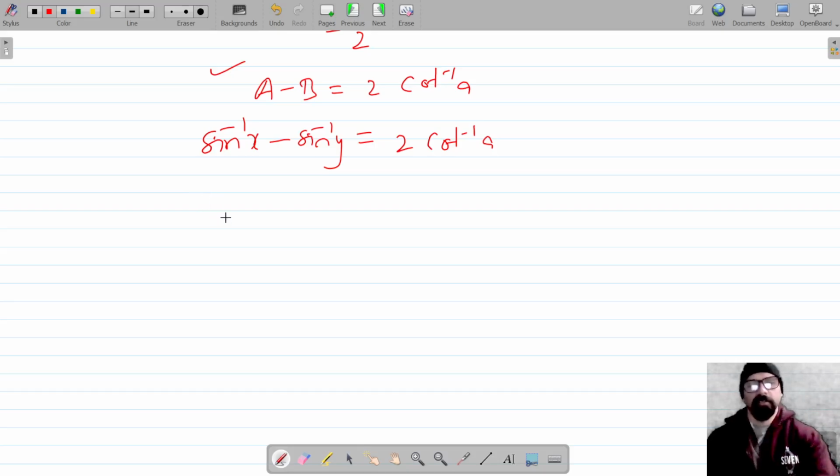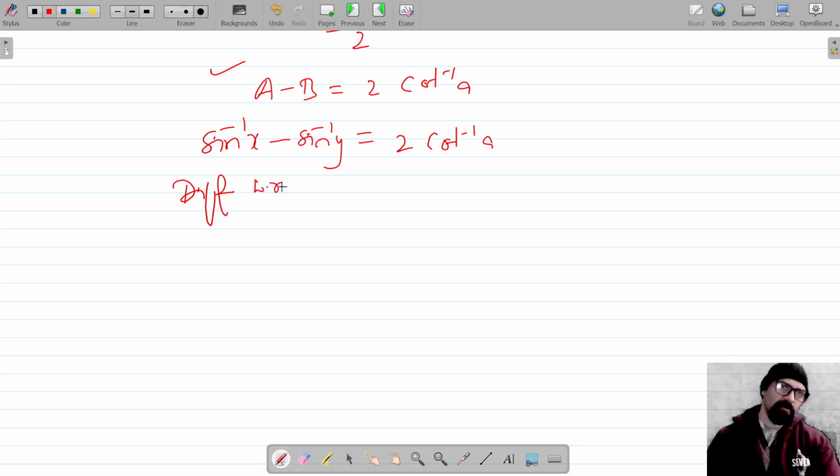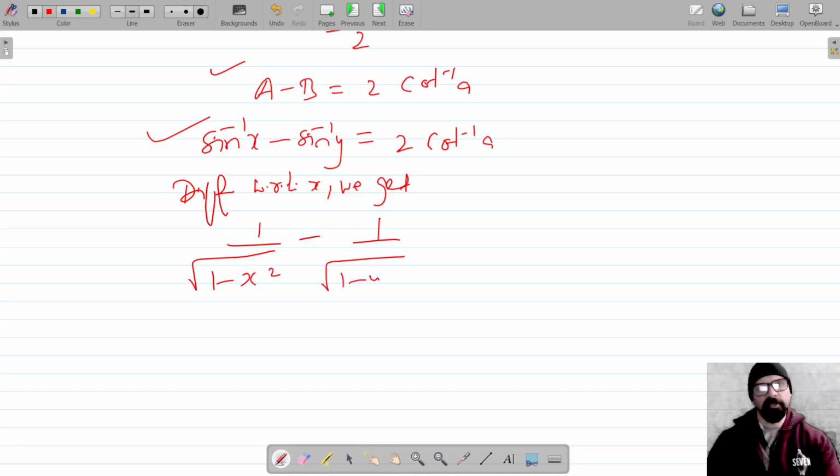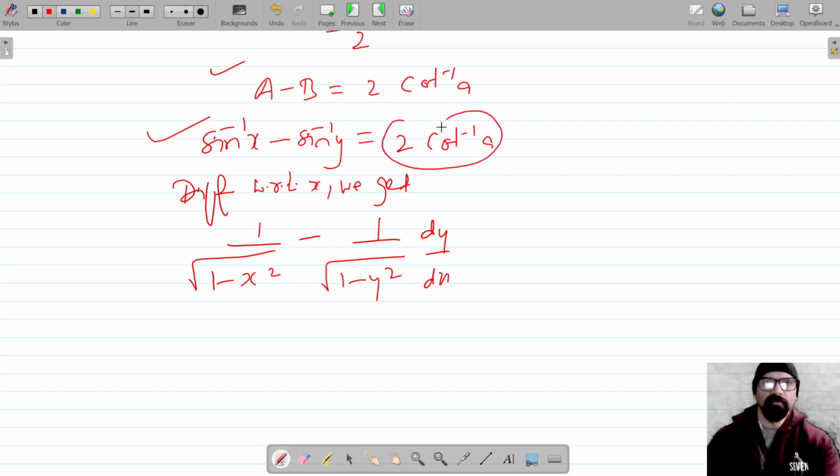Now, this looks like we can differentiate this with respect to x. So differentiating this with respect to x, we get differentiation of sine inverse x is 1 upon under root of 1 minus x square, minus 1 upon under root of 1 minus y square, and differentiation of y is dy by dx. This is a constant, so its differentiation is 0.